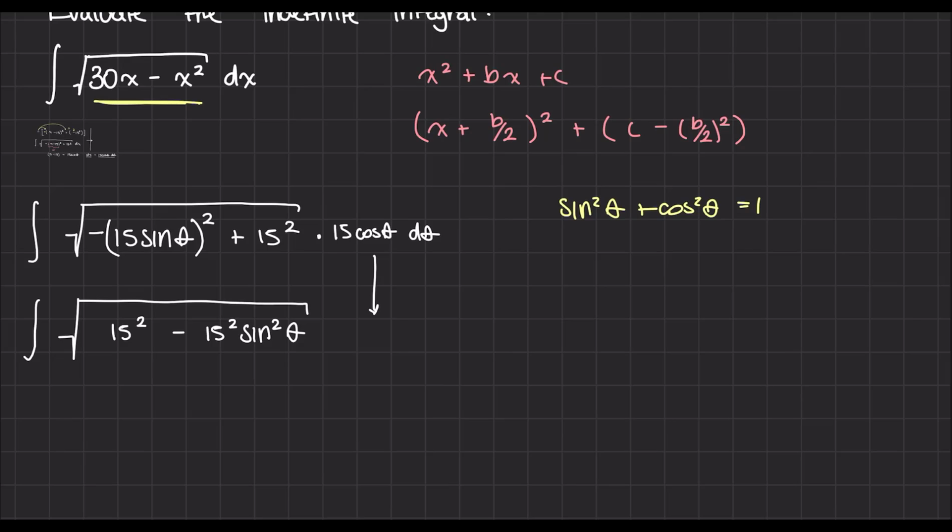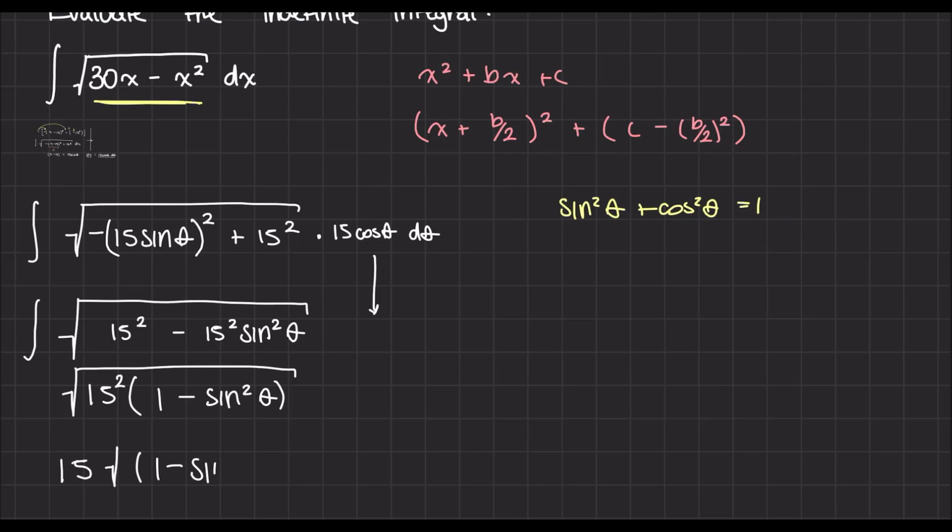And I'm going to take out the 15 squared: 1 minus sine squared theta. And then we can write this finally, taking the 15 out, because the square and the square root cancel out. And then inside the function we have 1 minus sine squared theta, times 15 cosine theta d theta.